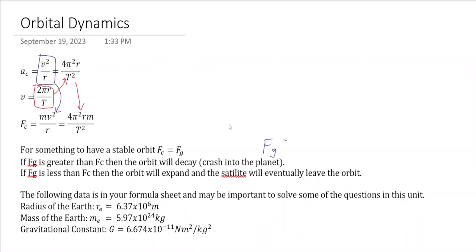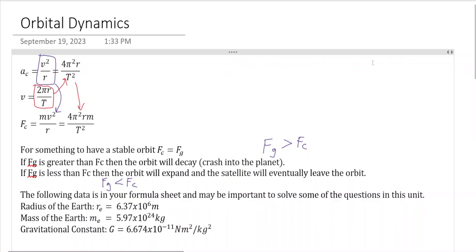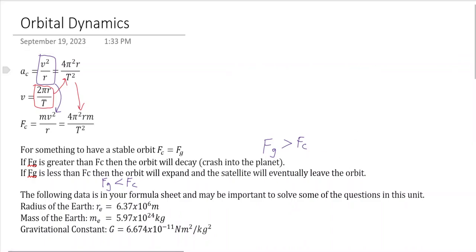And if FG is less than FC, then the orbit will expand and the satellite will eventually leave the orbit. Okay, so those are the three different situations.